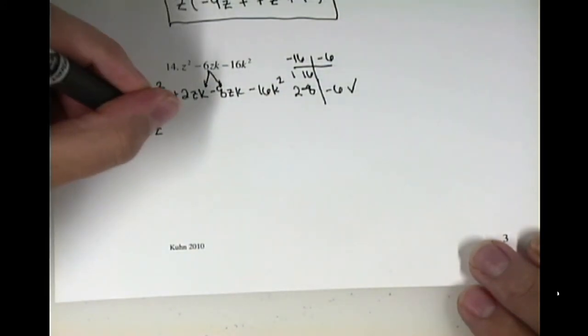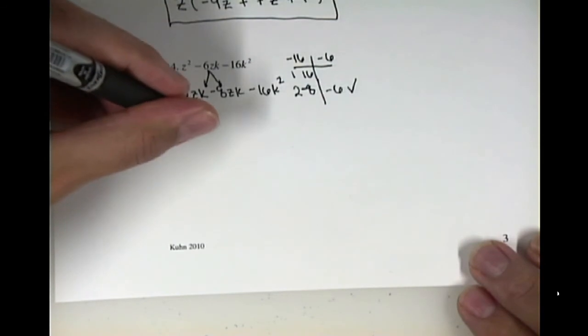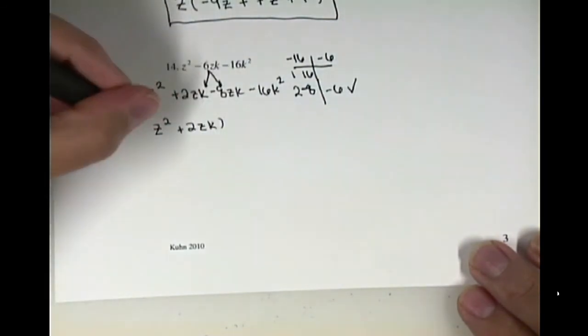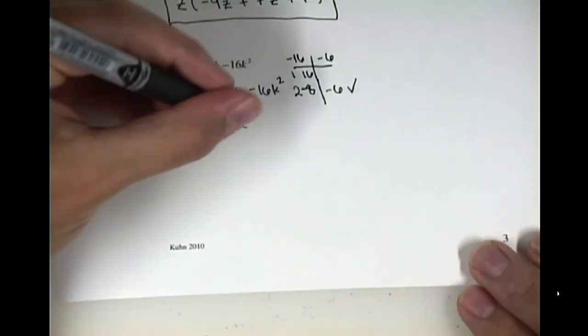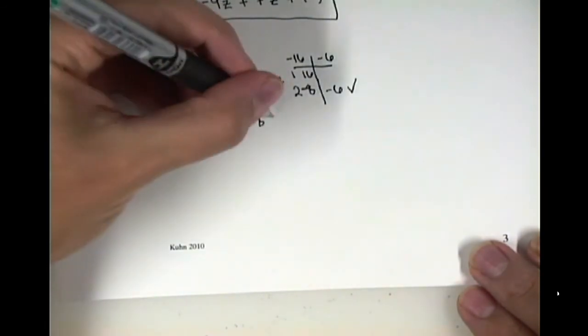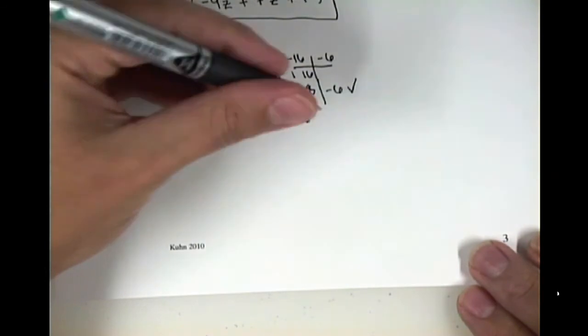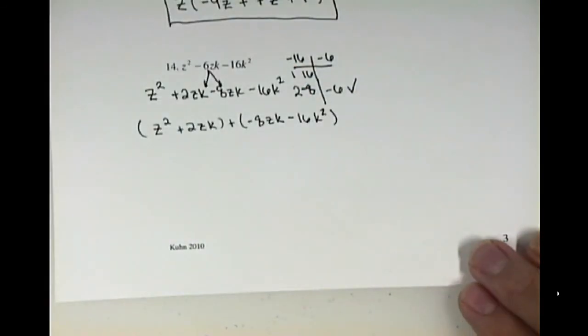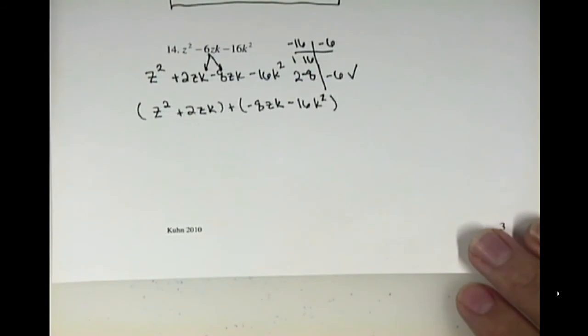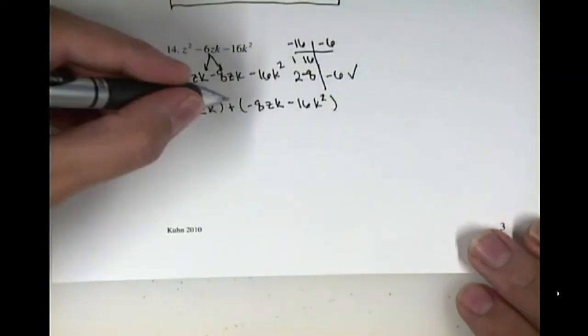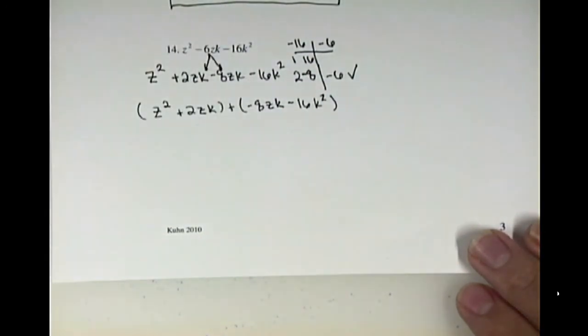The next step is to draw parentheses around your first two terms and your last two terms, and technically I'm going to insert a plus sign just to make things a little more clear. It's a technicality, it's really supposed to be there, but often we don't show it when we're in a hurry, so I added in a plus sign.